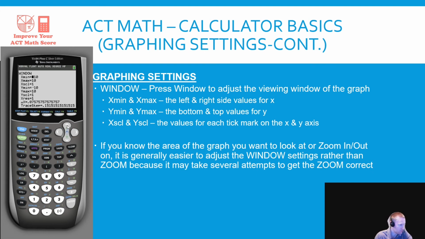So for example, let's say I wanted to zoom out, but I didn't want to go all the way to -40 to +40 like it did when I zoomed out by default on the last slide. So now if I just go ahead and change these values, the x -20 to 20, and I'll do the same for the y.